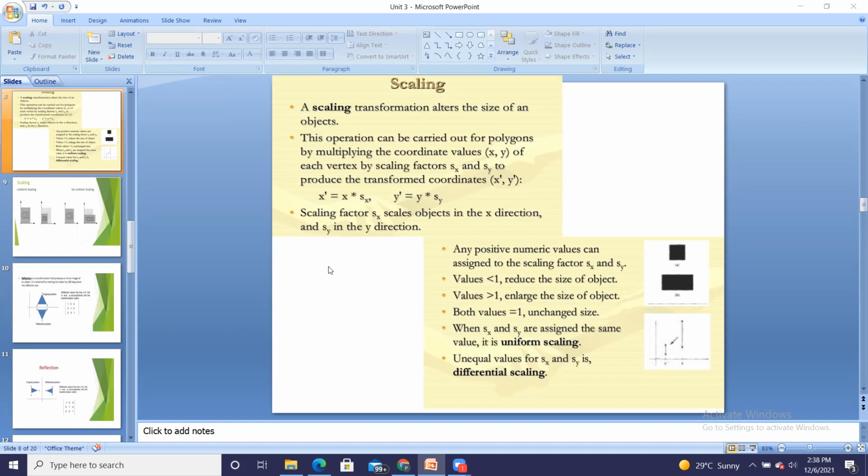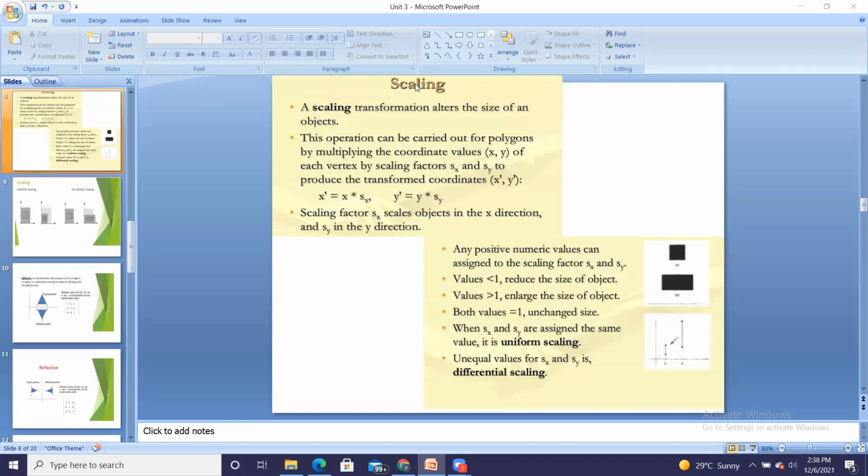Then we started with scaling. The previous two transformations, rotation and translation, depended on position change, but the actual object was not changing. Here in scaling, we are changing the size of the object, and scaling is carried out in two ways.